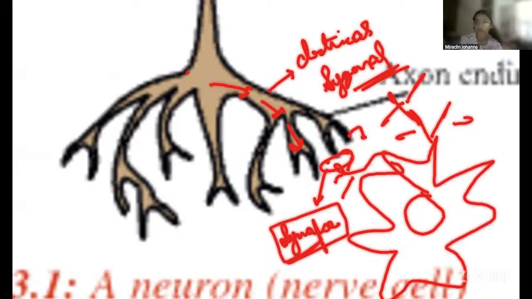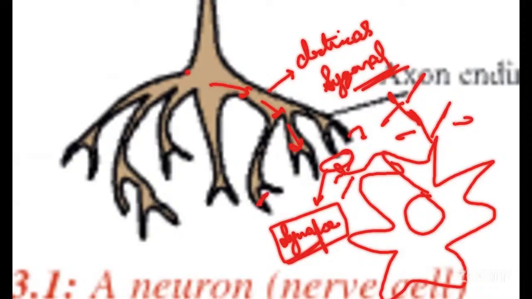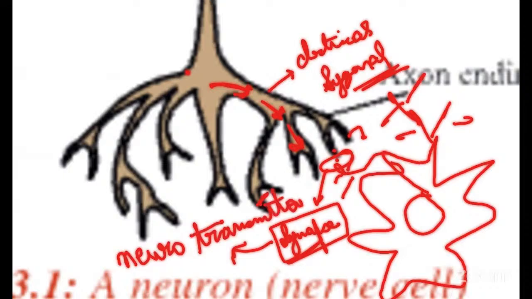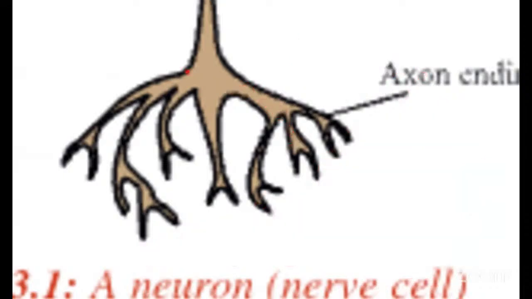What I'm trying to say is, the electrical impulse coming from the axon, at the synapse, will release a neurotransmitter. That neurotransmitter then goes to the dendrites, and then those dendrites will release the electrical impulses. Then again axon ending, then neurotransmitter, again dendrites, axon, like this.